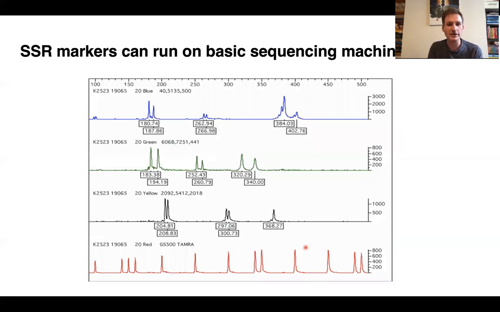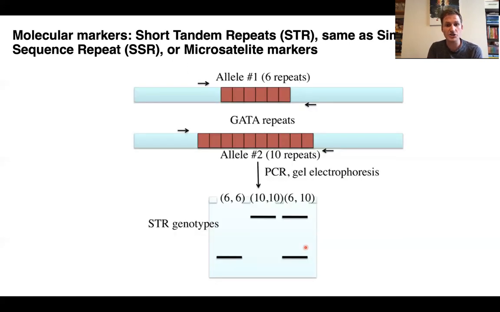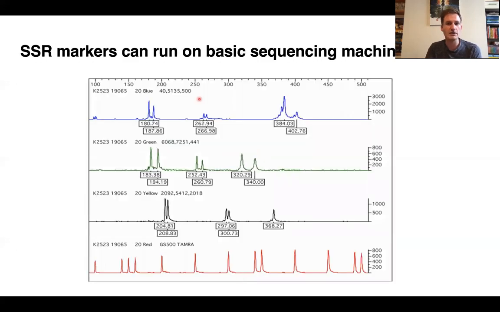And again, instead of running them on a gel where you see bands, you can run them on sequencing machines where you would see what they call chromatograms based on fluorescence of the primers. And so here you can see there's a band here at 180 base pairs, maybe another one at 187.